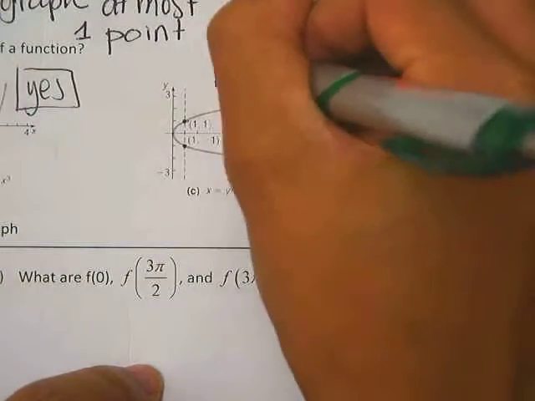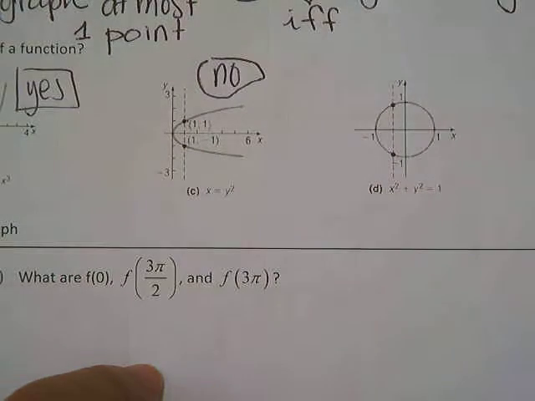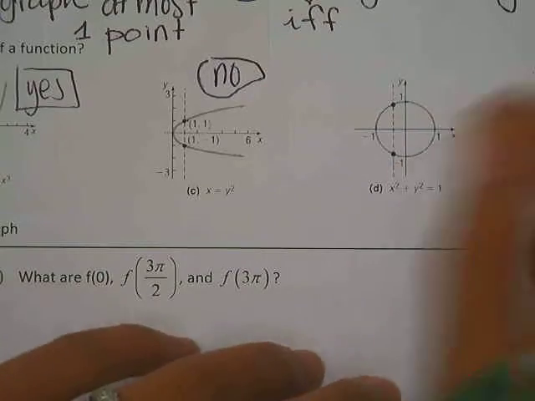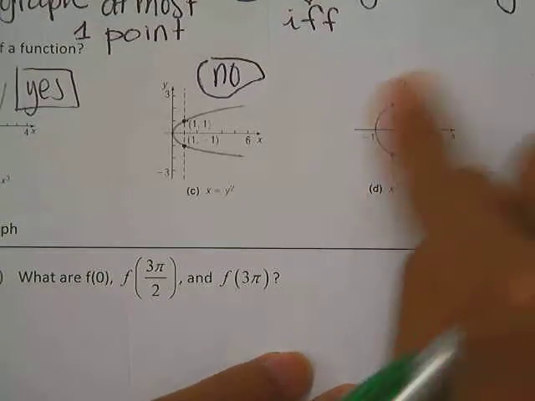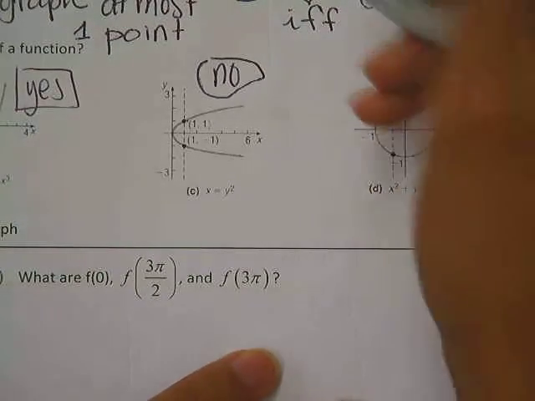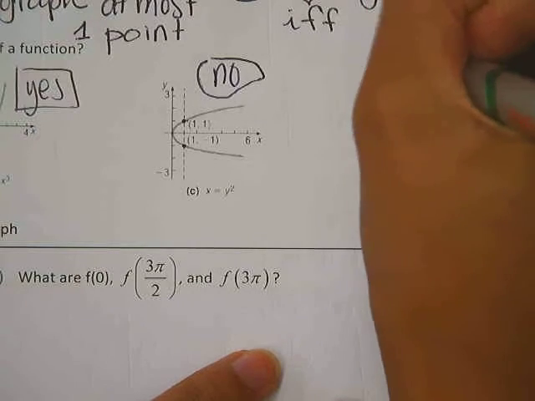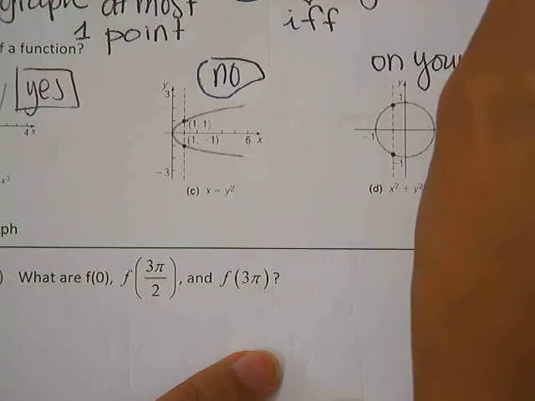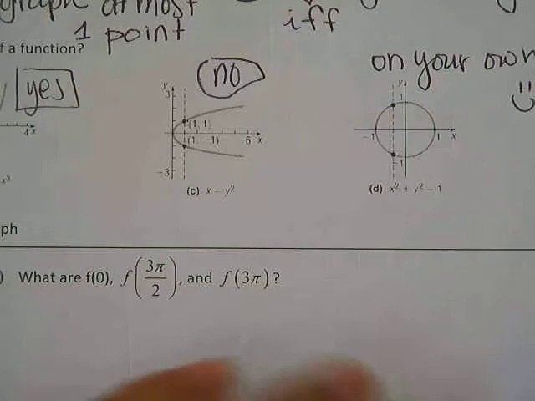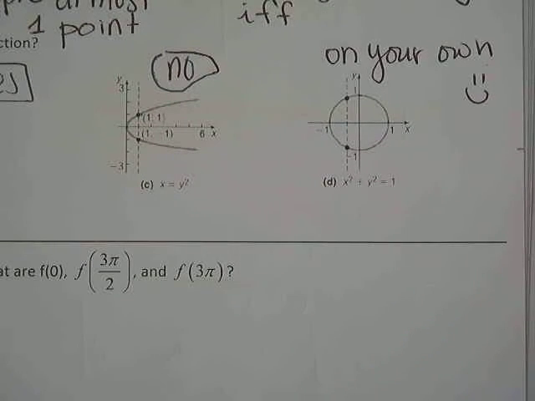So this is no. This does not pass the vertical line test. All right, what I'm going to ask you to do is tell me if this last one is a function or not, and you're going to do it on your own.